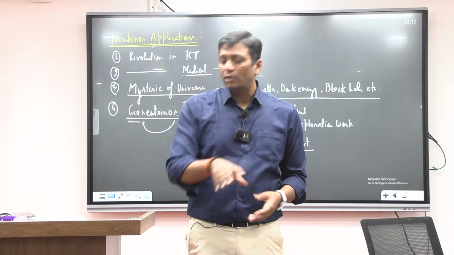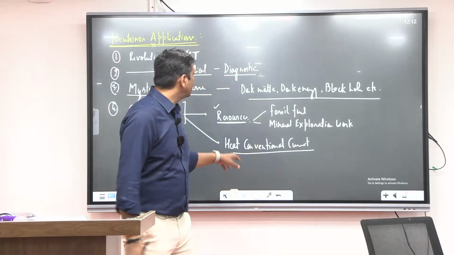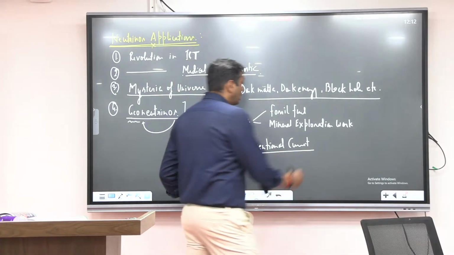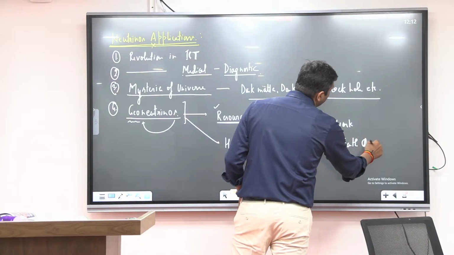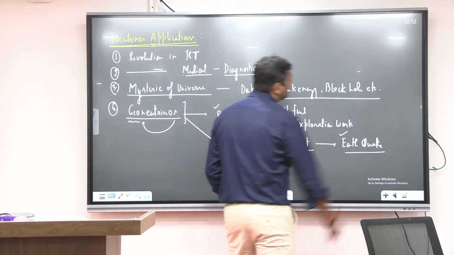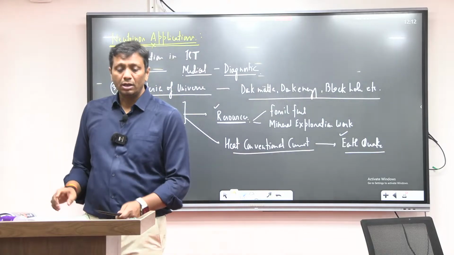Understood or not? So I just want to tell you guys, with the help of this heat convection current, we can detect the appearance of an earthquake in a particular area. So suspicions, doubts and information about earthquakes in a particular area, we can check there.